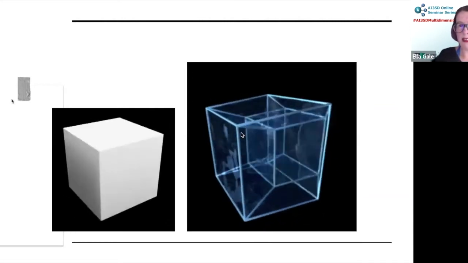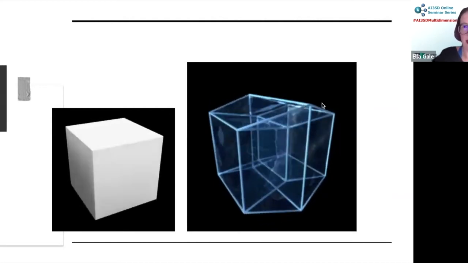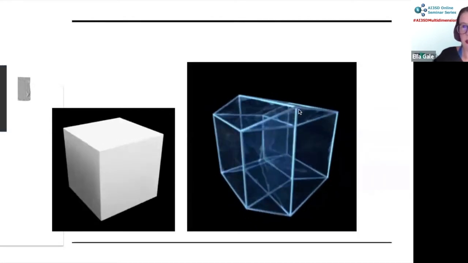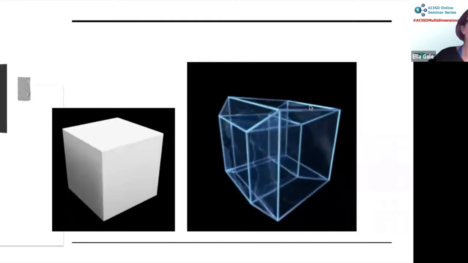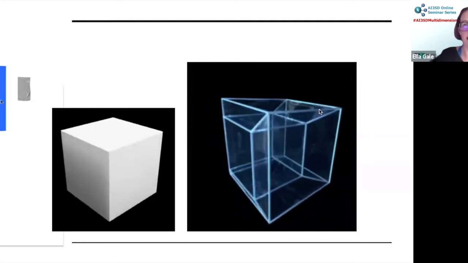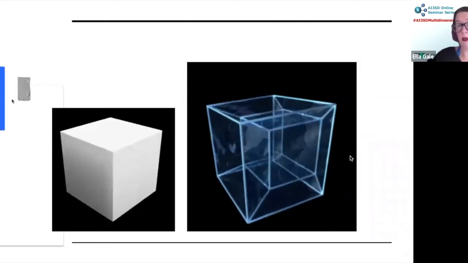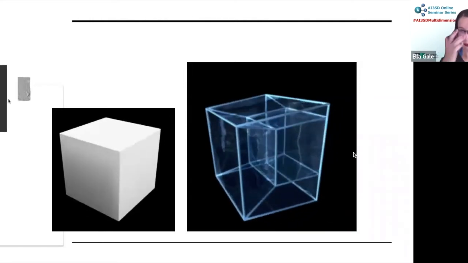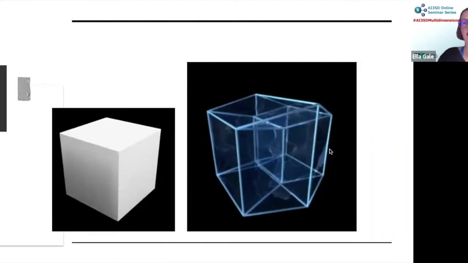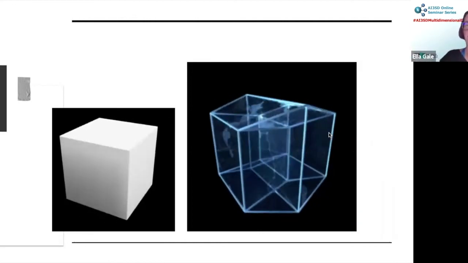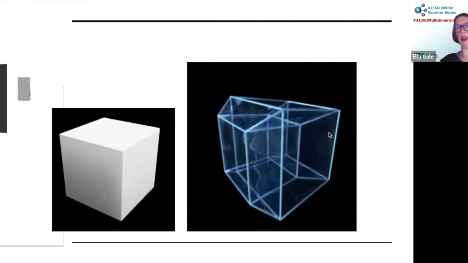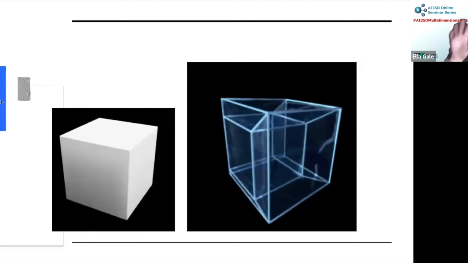What's happening is there's a 4th dimension to this object. So each of these angles that you're seeing are actually 90 degrees in 4 dimensions. It's just that this is a projection of a 4-dimensional object into a 3-dimensional space. And in fact, it's lots of different projections. That's why it's changing. It's different angles. It's like you're walking around the 4-dimensional object, taking a 3-dimensional picture.